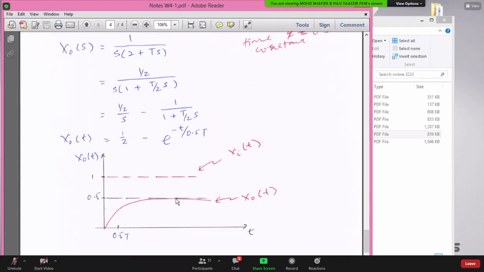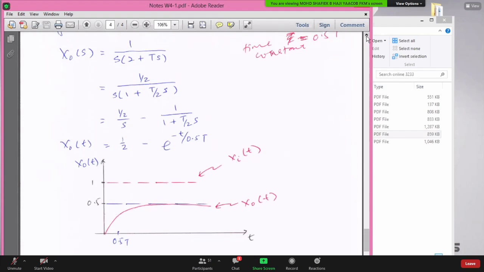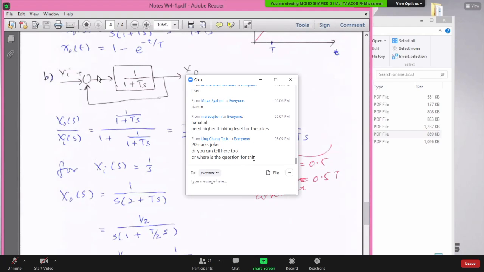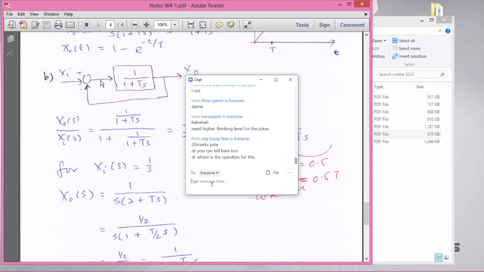So this is the response of the first order system when it is closed loop using only a unity feedback path and a unity controller gain. The idea is you must obtain the overall transfer function, not just the forward path transfer function.